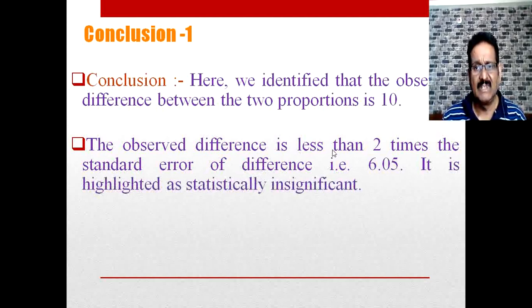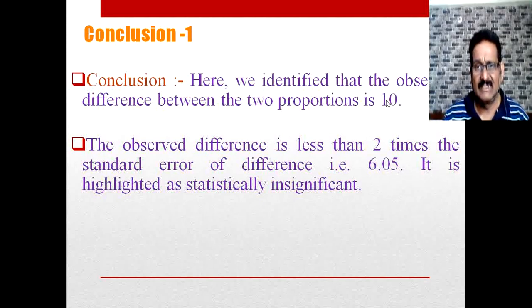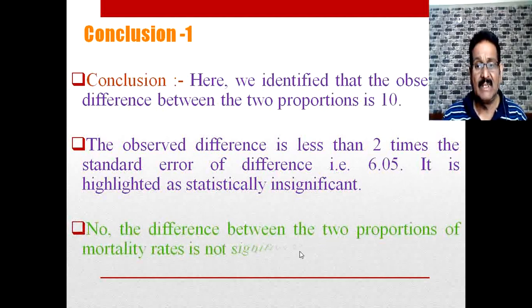The difference is less than twice the standard error, that is 12, but this difference is only 10, so it does not exceed it. Therefore it is statistically insignificant, because if the difference were 12 or more, we could consider it significant. So the difference between the two mortality rates is statistically not significant.